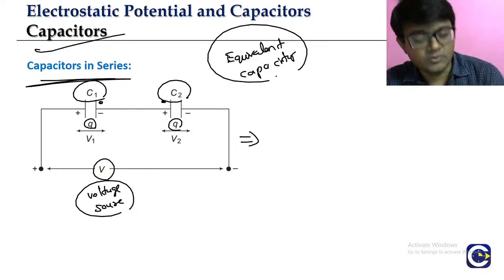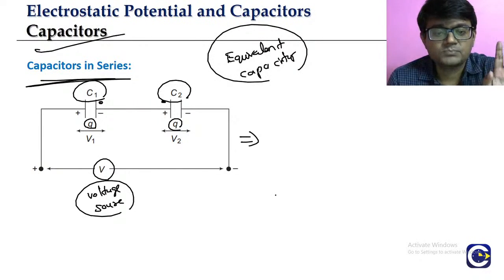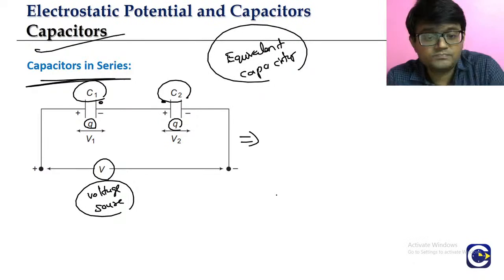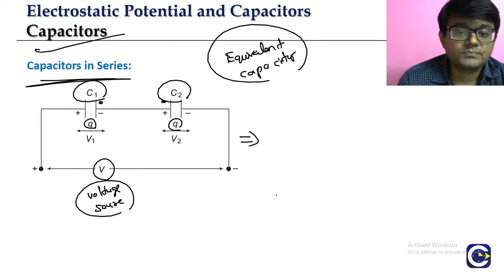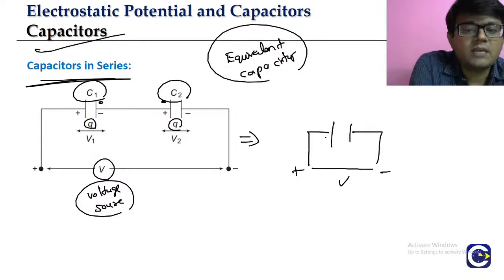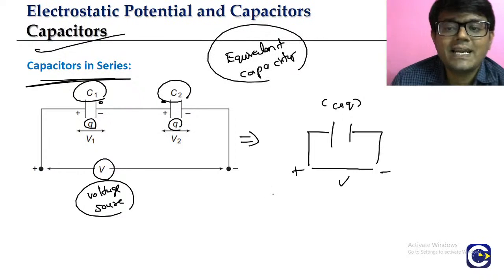If we replace both of these capacitors with a single capacitor, with the source voltage V, then we get only one capacitor, and its capacitance value we call the equivalent capacitance.